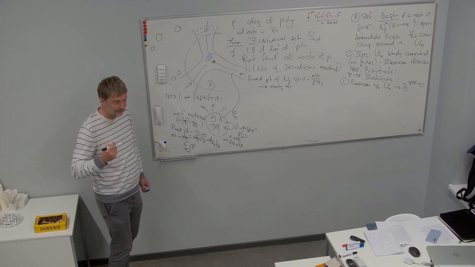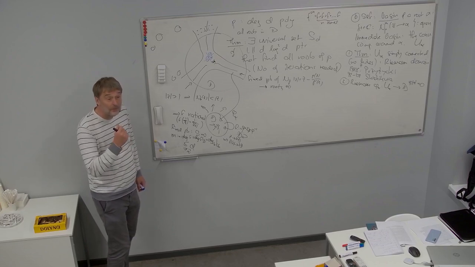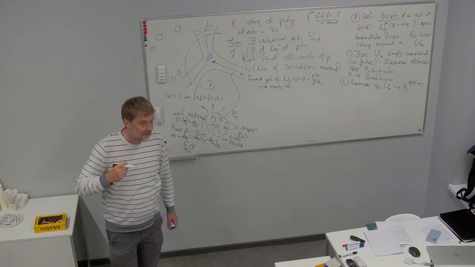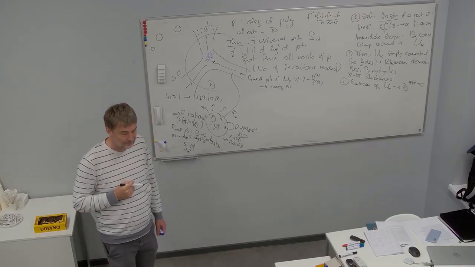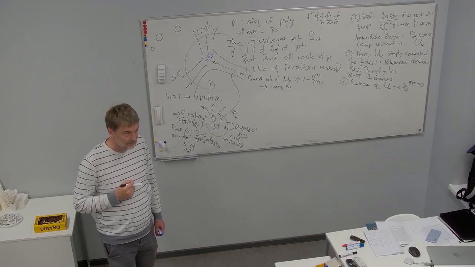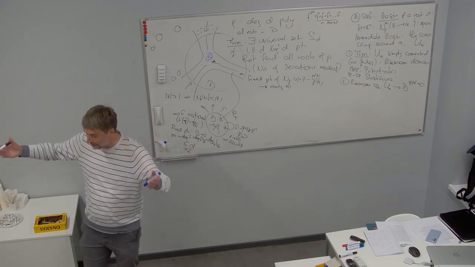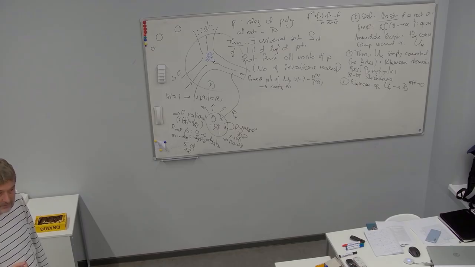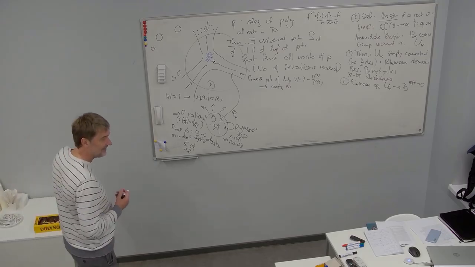Let's always count multiplicity. But for a rational map of degree m, m minus 1 is not the right answer. I'm talking about the Riemann sphere, right? This rational map is naturally defined on the Riemann sphere.